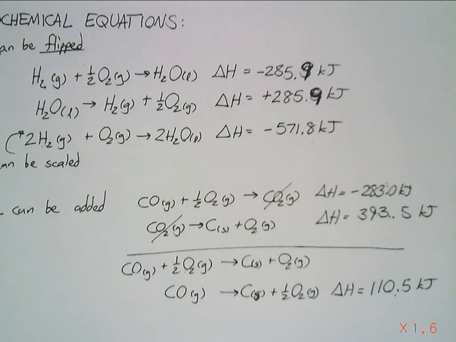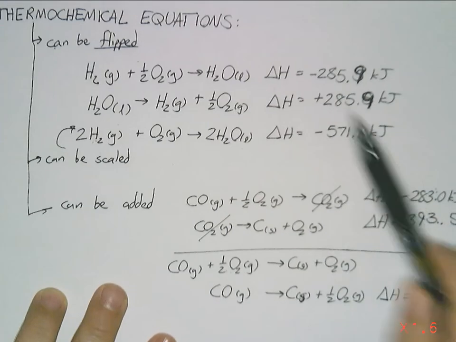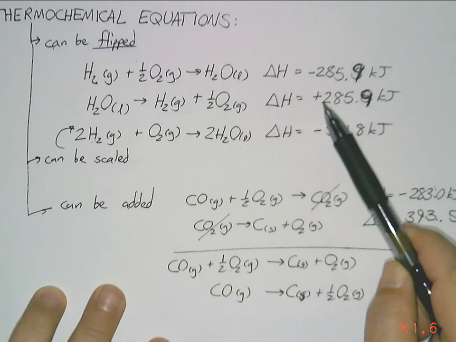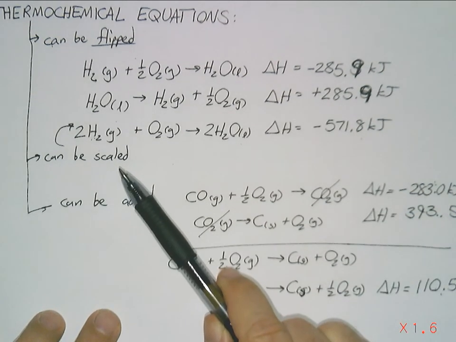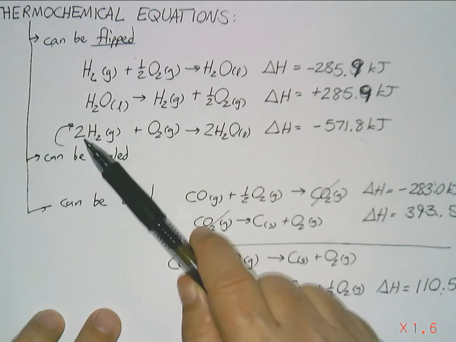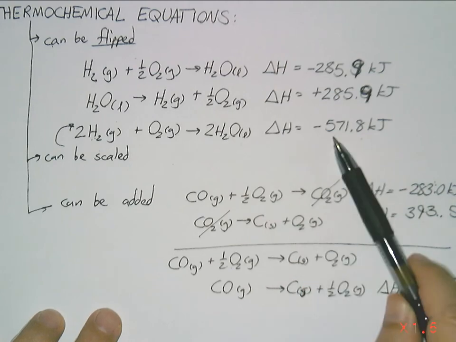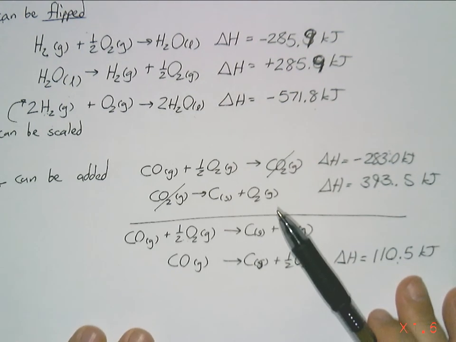All right. To recap, you can flip reactions over. If you flip the chemical part, you're going to flip the thermal part. You're going to flip the sign on this. You can scale reactions up and down. Scaling means multiplying through by a constant. If you multiply this whole side by a constant, like 2, you'll have to multiply this by the same constant. And finally, you can add thermochemical equations together.